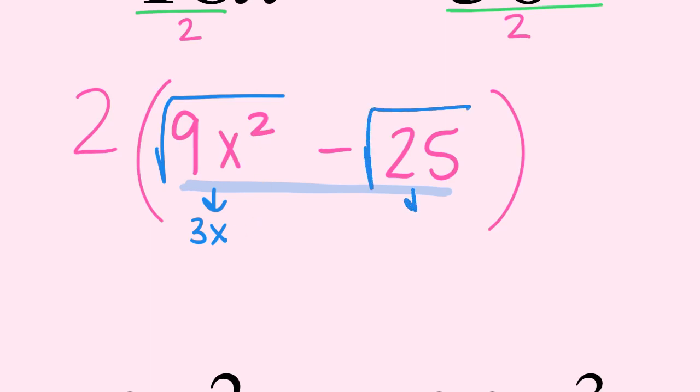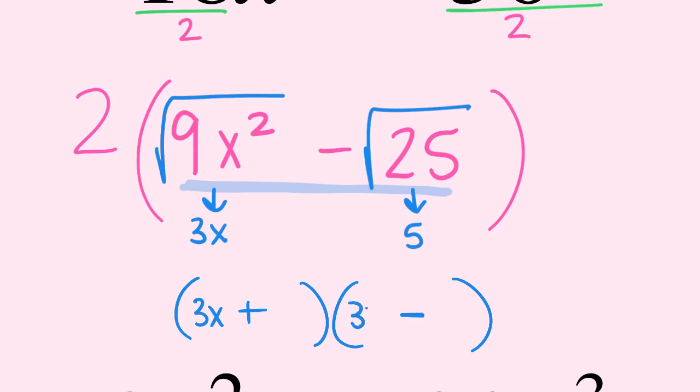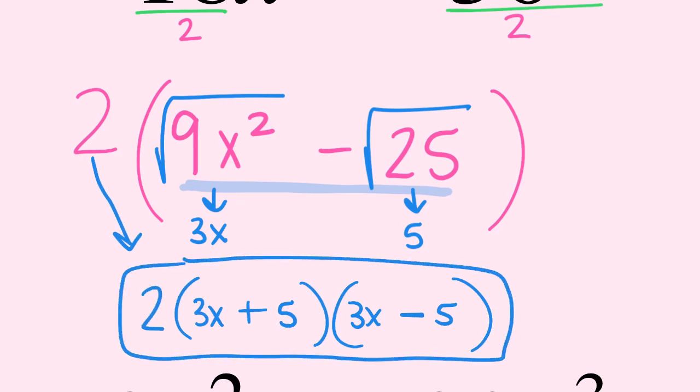So the square root of 25, well, that would just be 5. So we're going to go ahead and factor this one. We're going to write out our factors like we normally do. One is a plus, one is a minus, 3x and 5. And don't forget to bring down that 2. That 2 has to stay on the outside. All right, there we go.